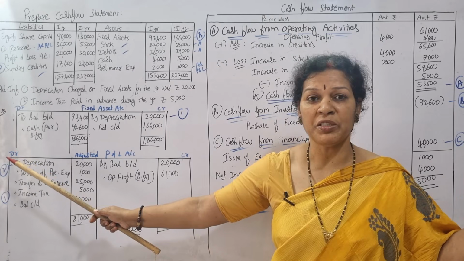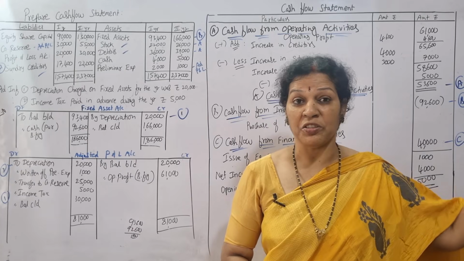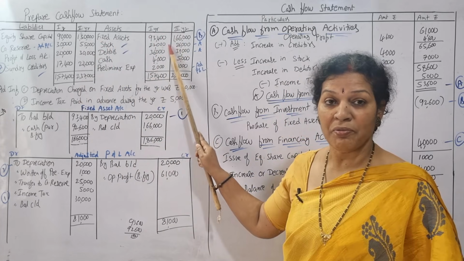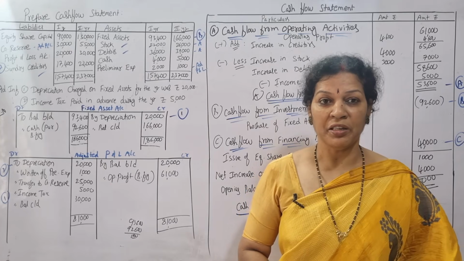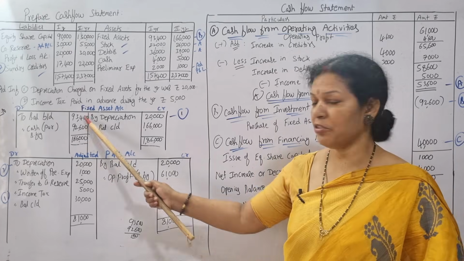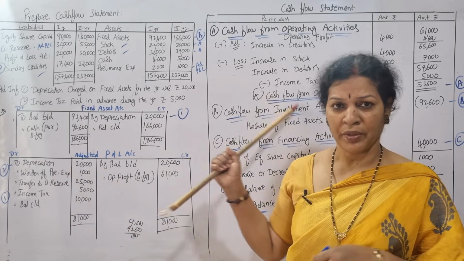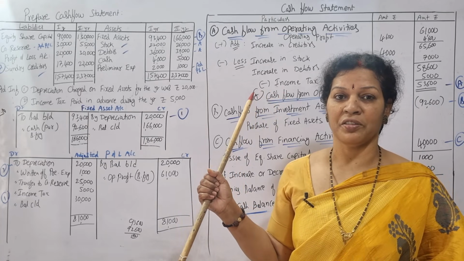Here you got it on the debit side, which means purchases. Don't see this difference; we see it only if depreciation is not given. Am I clear about this? And tax is a payment, so in the adjusted profit and loss account, debit side, and from operating activities, lastly we are going to deduct it.